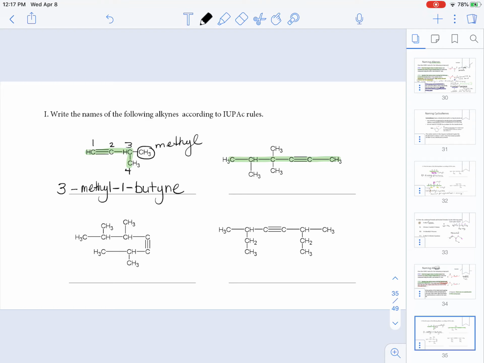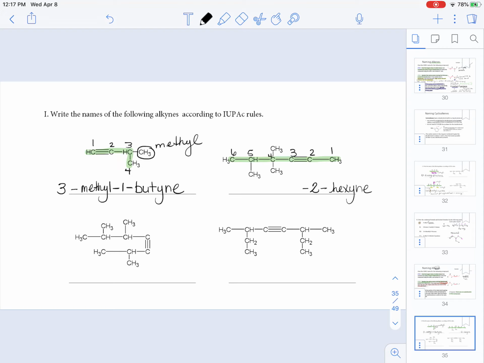Starting from the first carbon, this is going to be carbon 1, 2, 3, 4, 5, 6. In a 6-carbon system, our prefix is hex. Because there's a carbon-carbon triple bond, it is going to end in -yne. We have to give the location of the first carbon in the carbon-carbon triple bond. So there's a number 2. So this is 2-hexyne. That's our main chain.